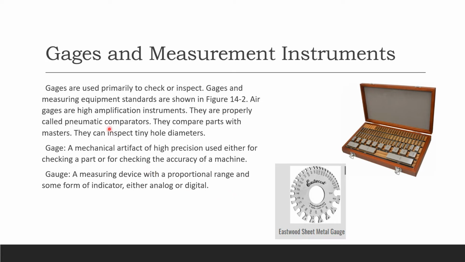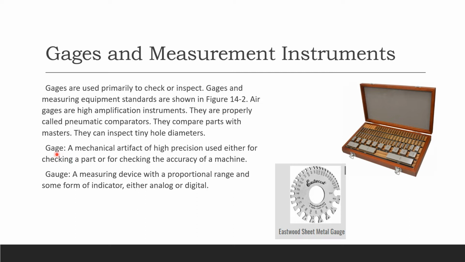So air gauges are high amplification instruments, and they are properly called pneumatic comparators, and they compare parts with masters, okay, and they can inspect tiny hole diameters, so very good, okay, standard. So we have gage.